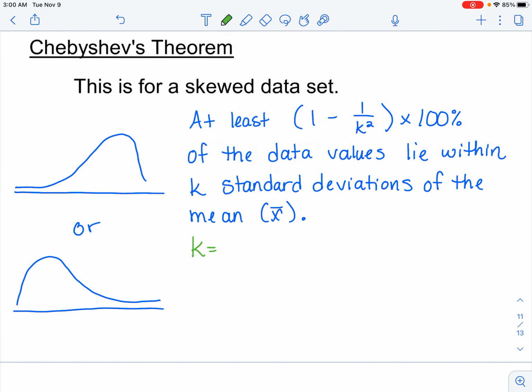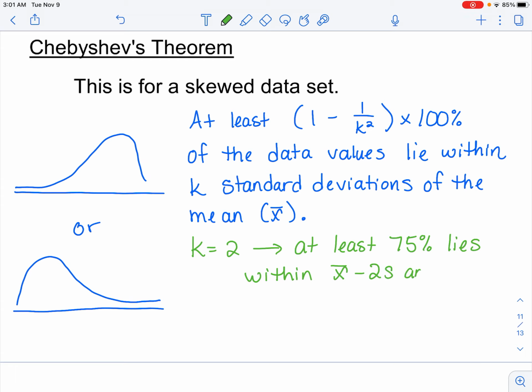So if k equals 2, 1 minus 1 over 2 squared, 1 minus 1/4 is 3/4. So that's at least 75% of the data values lie within x bar minus 2s and x bar plus 2s, within 2 standard deviations of the mean, okay?